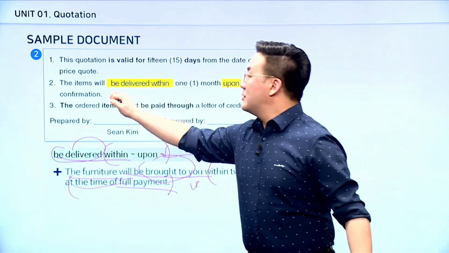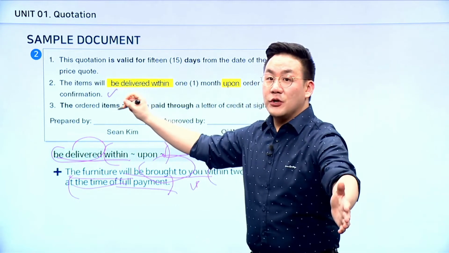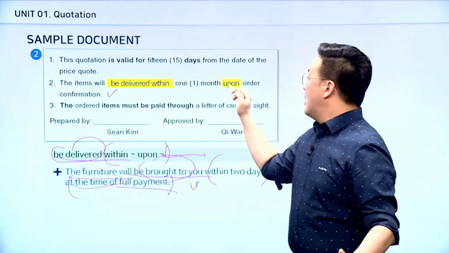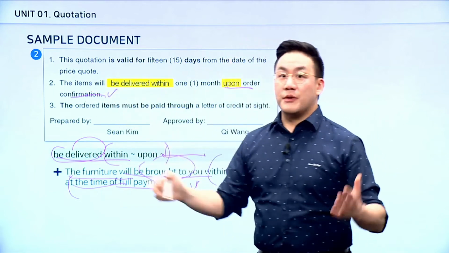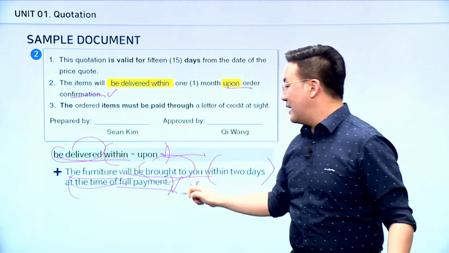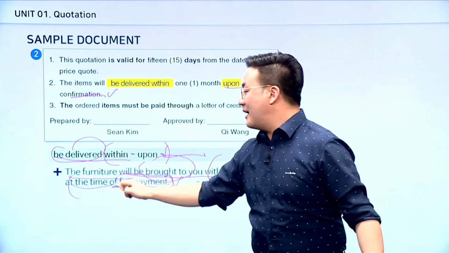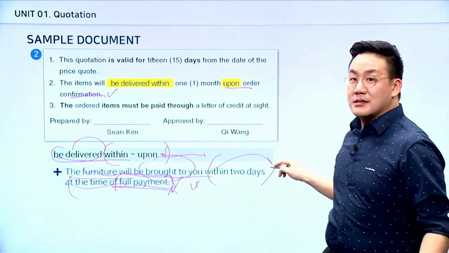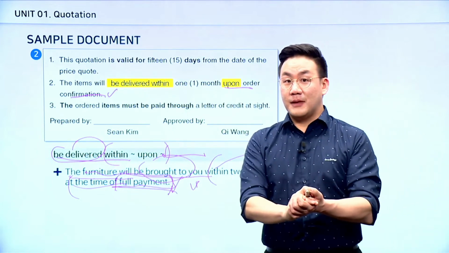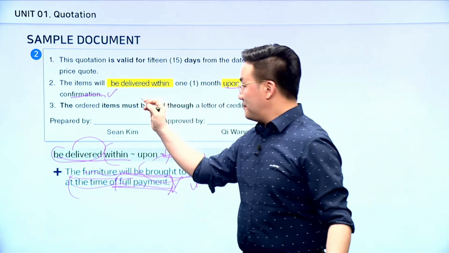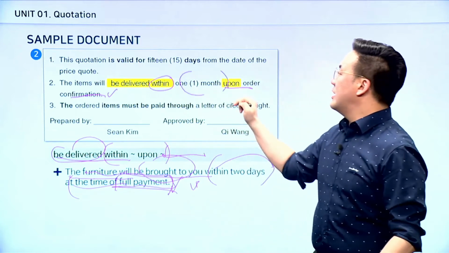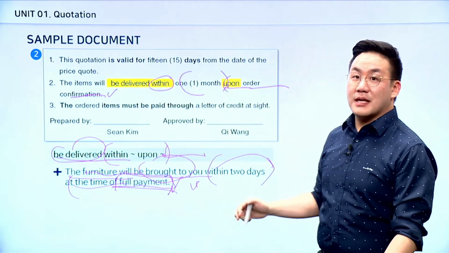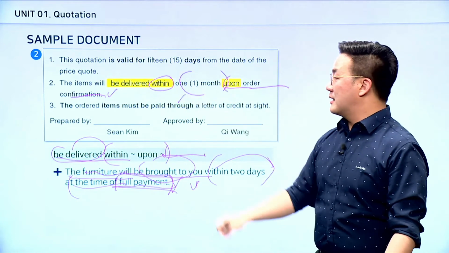I'm going to deliver you the thing upon order confirmation, so before the payment. But this person is saying, when you make a full payment, I'm going to deliver the furniture within 2 days. So a different purchase option, right? But always use within, duration, upon something. So that's pretty useful when you write this kind of sentence.